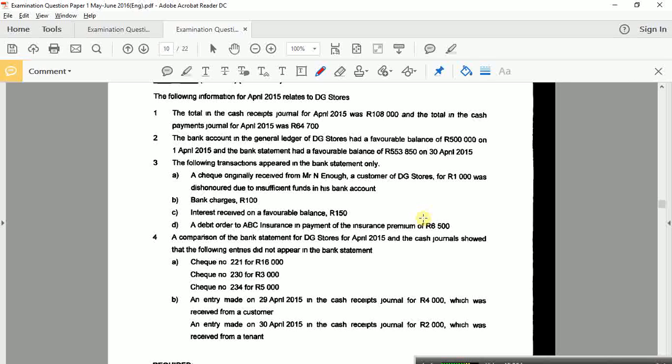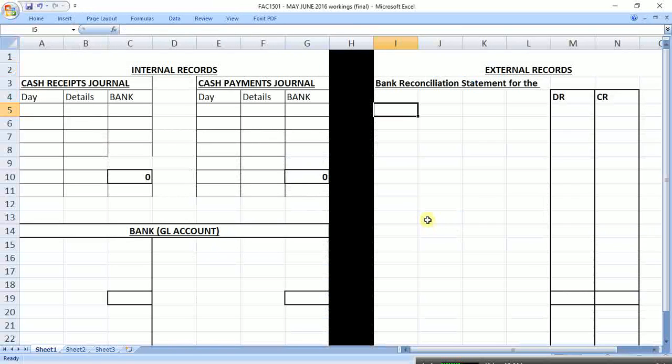Right, so the following information for April relates to DG. The first line item, total in the cash receipts, total in the cash payments. Where do we put these? A cash receipts journal and a cash payments journal. Good. They're not asking for it? Total. Did they not ask you for it? I don't have a sheet for it.